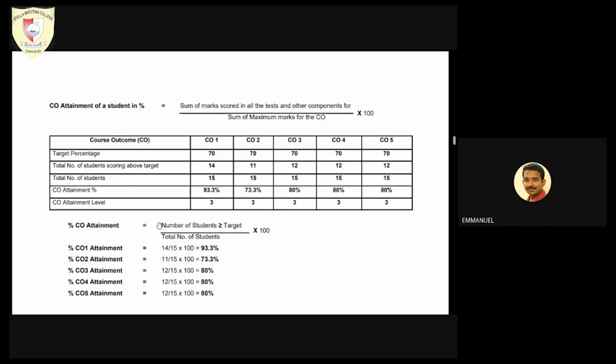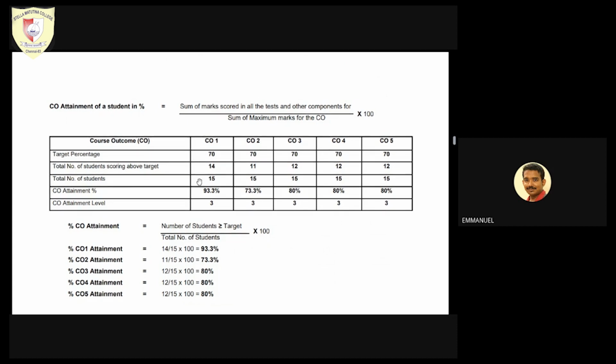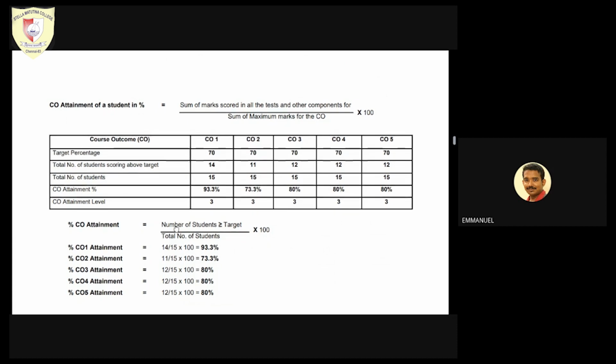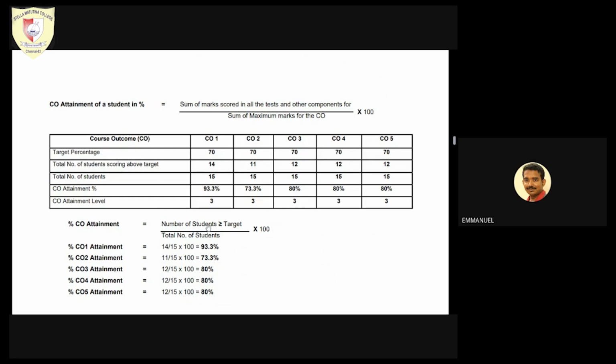CO attainment for that particular CO level is done using this formula: number of students greater than that particular target divided by total number of students, multiplied by the usual percentage. So 93.3 percentage of the total number of students have got above that cutoff level, above the threshold level.